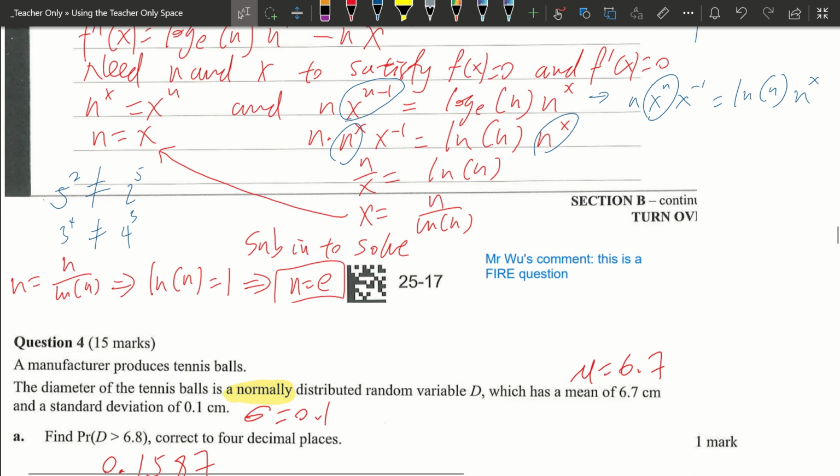And so you convert the logarithm into an exponential again, so e to the power of 1 is n. And that is my answer. N is Euler's number. Remember, e is Euler's number.